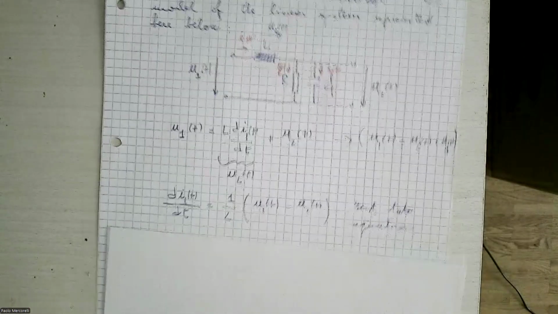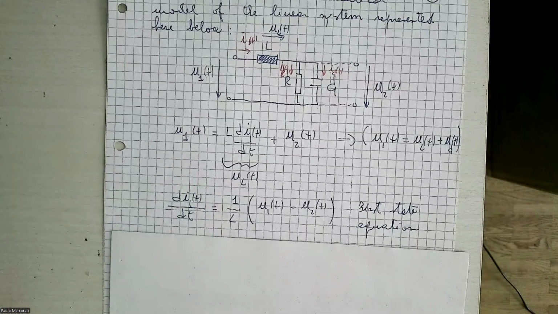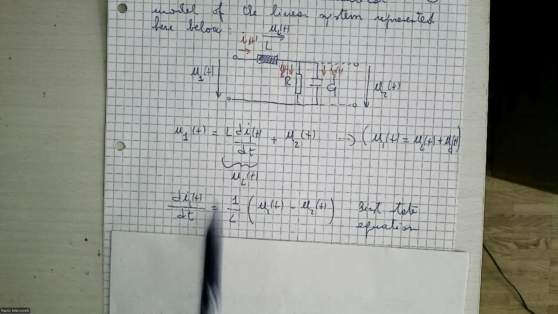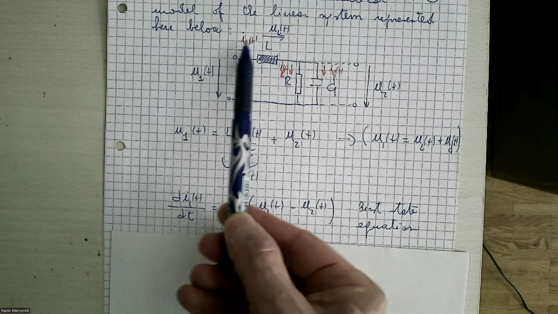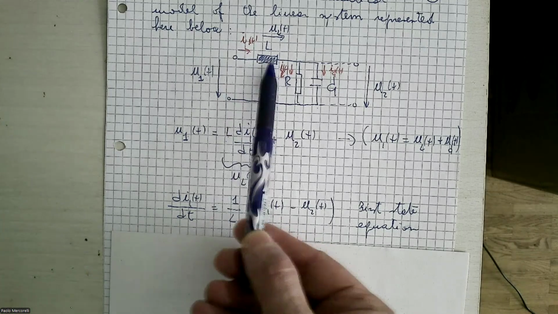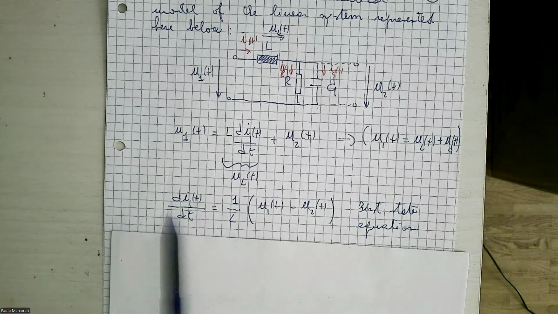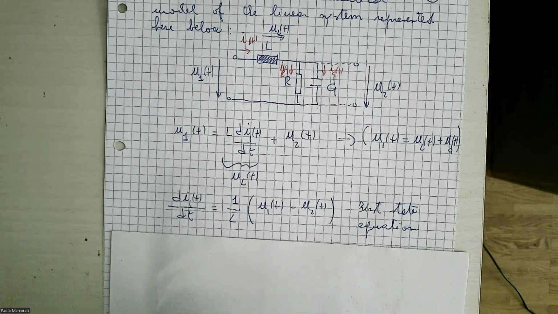Look at what I am doing now. Instead of this form, I will put it in this form. It is just to reformulate, to realize an explicit expression of the derivative of I1, the current on the inductance, with respect to time, equal to all the rest, based on this equation here.